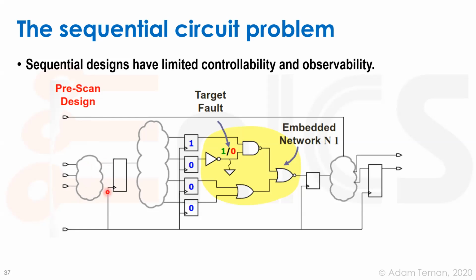I have to figure out the state machine that will move everything along inside my circuit and finally put 1, 0, 0, 0 here. And then after I run that through the circuit, I get whatever is in the output. I have to find a way to move that so it actually goes outside my chip and I can measure it. That's really hard. Okay, it's almost impossible.